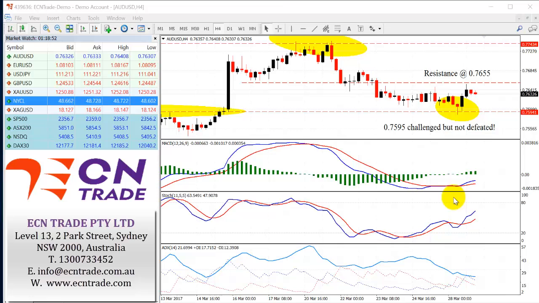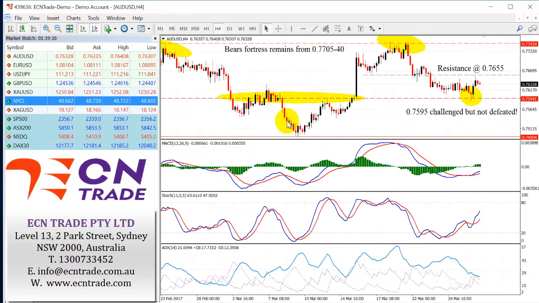To begin with, the Australian dollar took on the challenge overnight towards that 75.95 but was not defeated. Instead, the market responded to a quite modest recovery but was clearly contained by the 76.55 resistance. With a bearish tone coming back into the market this morning, I am expecting to see a move down towards 75.95 and lower towards 75.40 to 74.80, which is the near month lows around this region here, and reassess from 74.80.